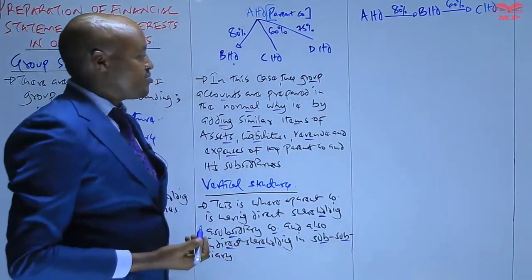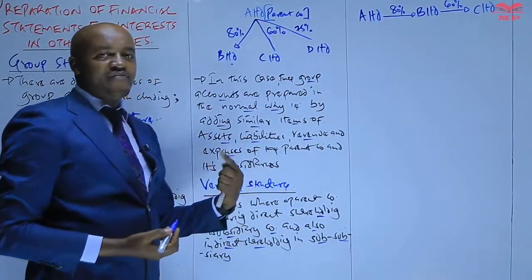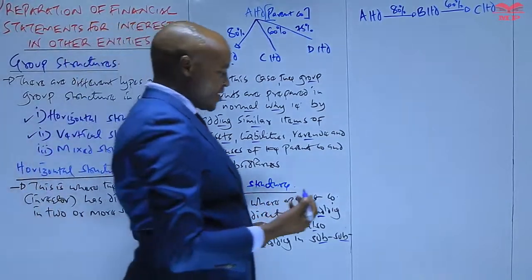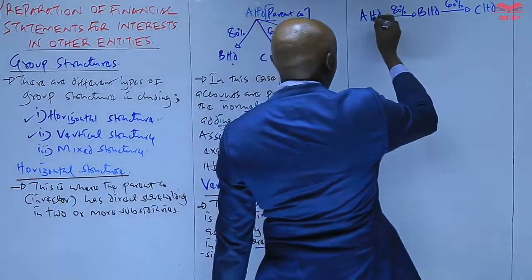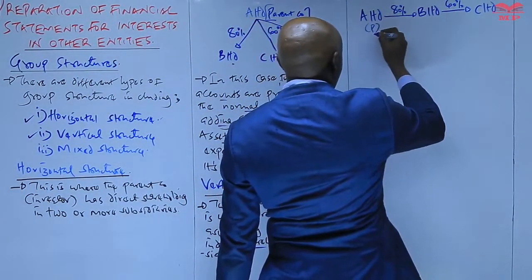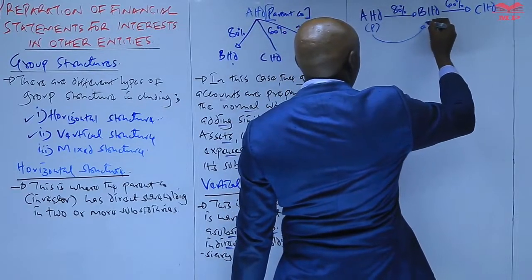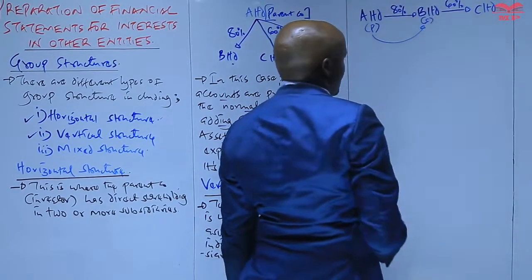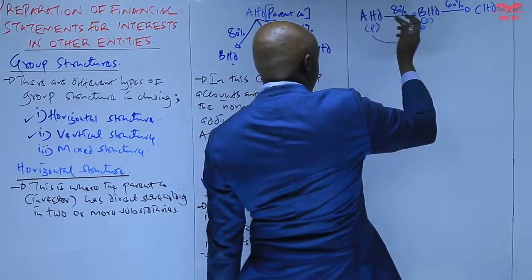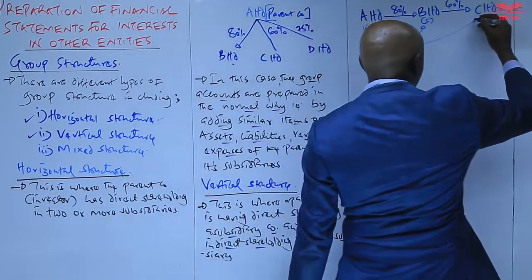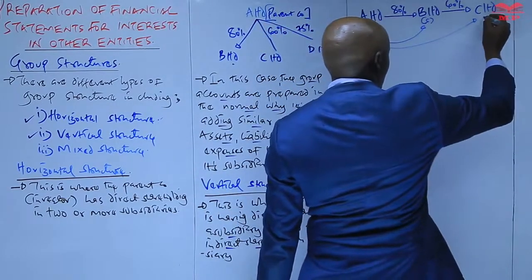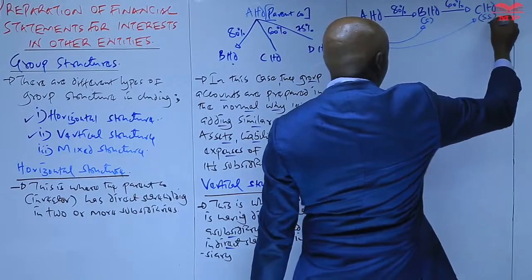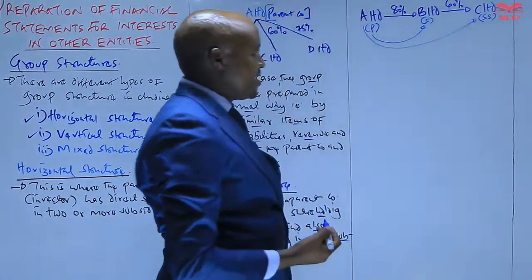Now, this particular type of group structure, we refer to it as a vertical group structure, because the parent company, which is A, is having direct shareholding in this subsidiary, and then A Limited, which is still the parent, is having indirect shareholding in C Limited, of which C Limited in this case is referred to as the sub-subsidiary.